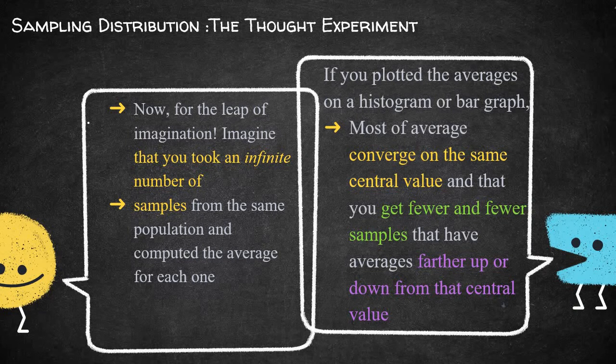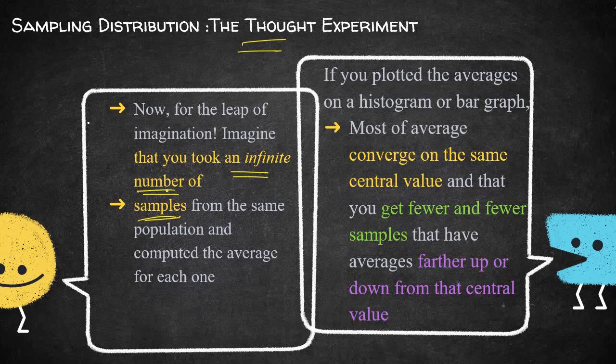Now for the leap of imagination that you took an infinite number of samples. This is something which can be done only in thought experiments, because infinity is a number which nobody has seen, or you cannot simply attain that. But yes, you could do that. From the same population you take a sample, you again mix the people, you again take a sample, and you repeat this process an infinite number of times.